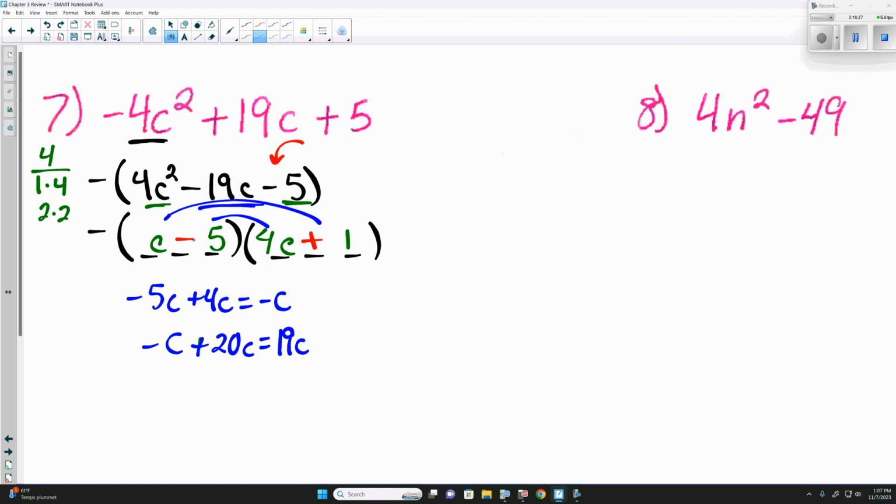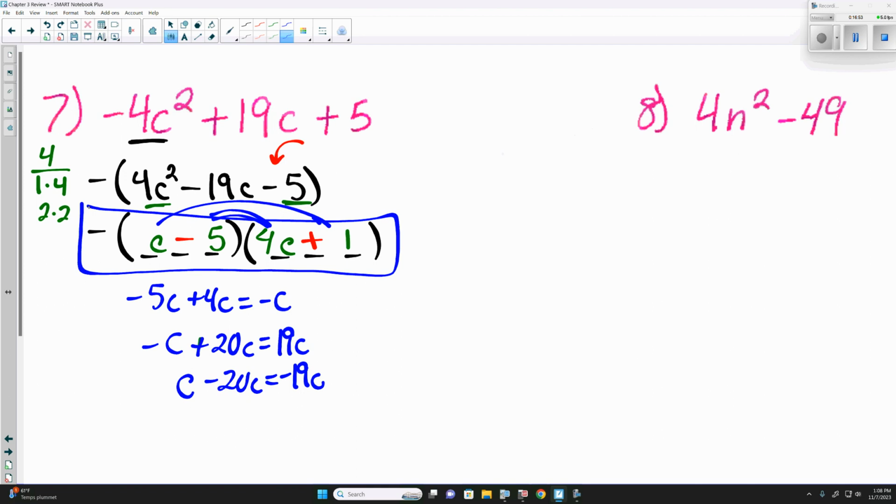Because if we look at this here again, c times 1, okay, that is c times 1 is positive 1c. Negative 5 times 4c is minus 20c, which is negative 19c, which is now what we want. So this is it here.